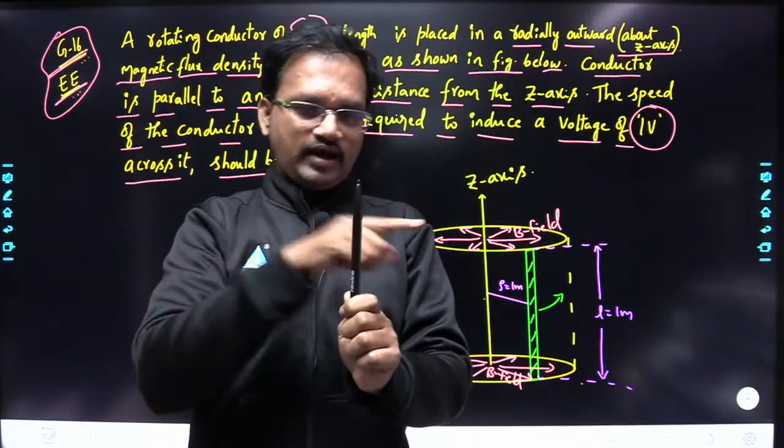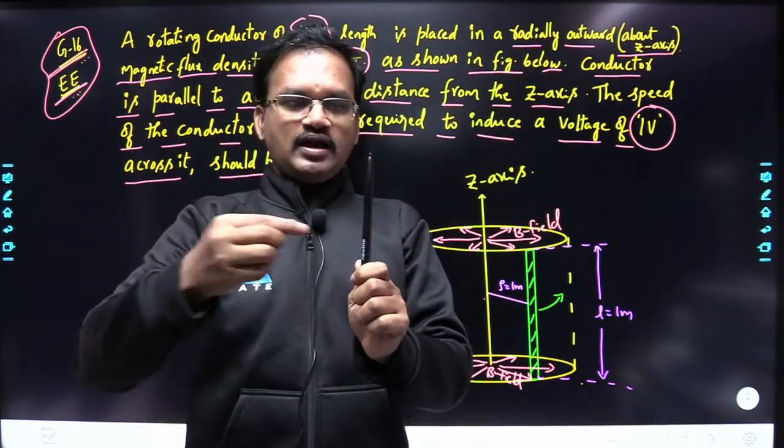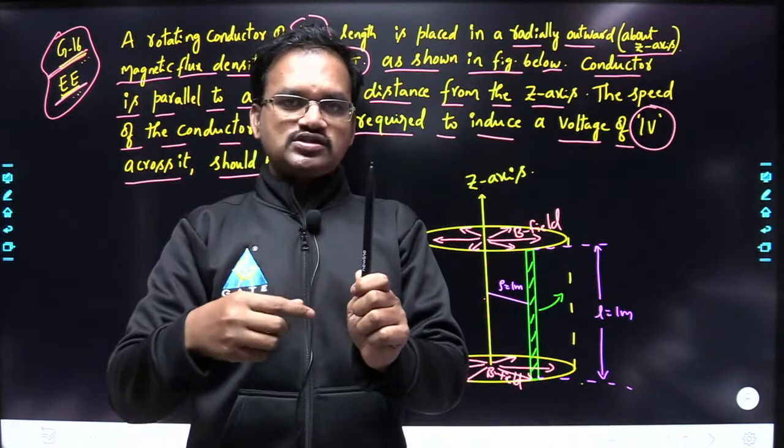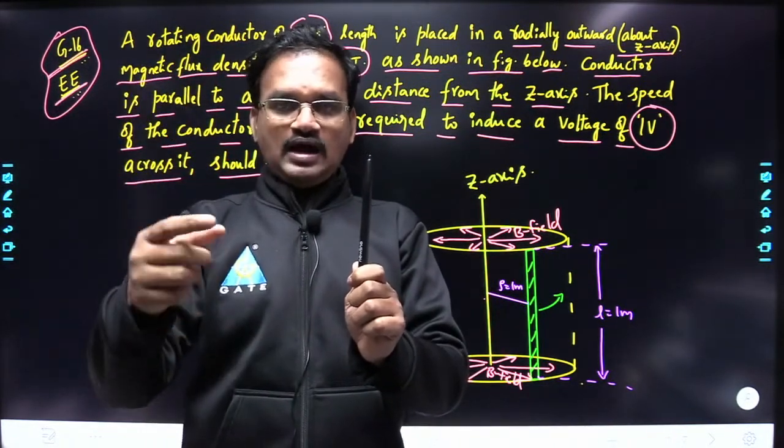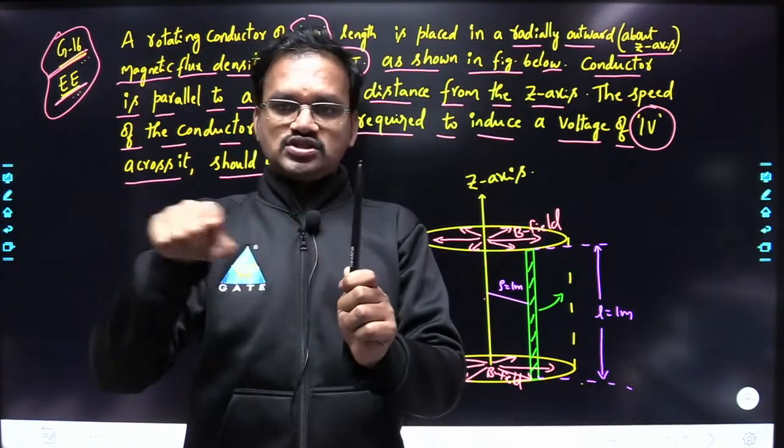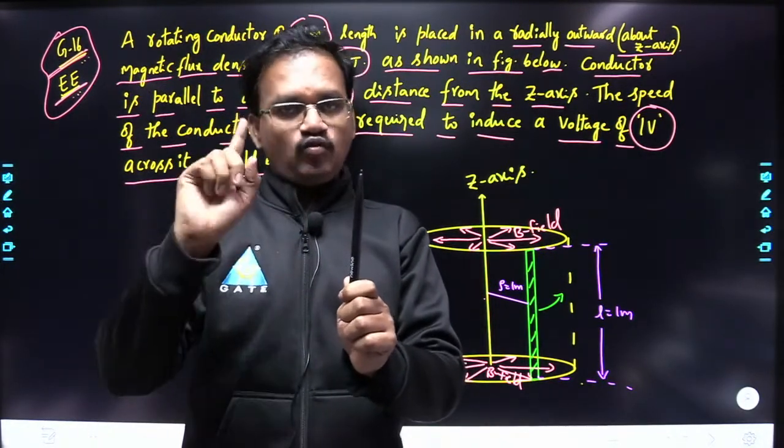Parallel to this z-axis they have placed a conducting bar, and the normal distance from the z-axis to this conducting bar is nothing but 1 meter.